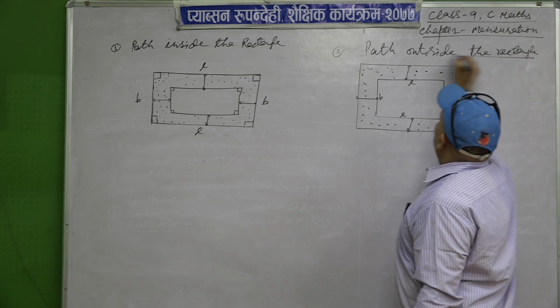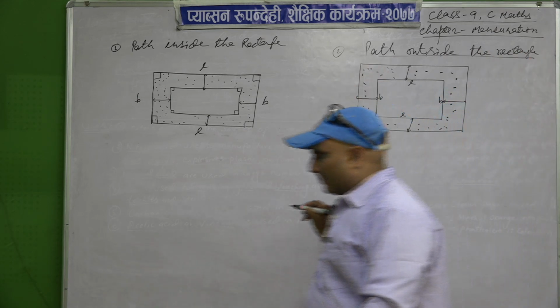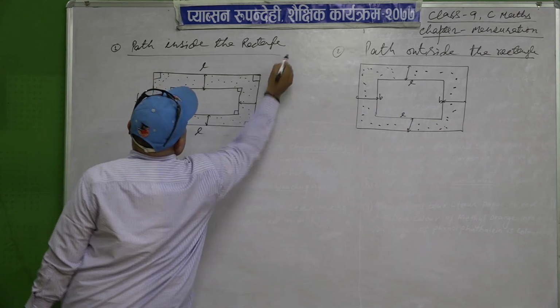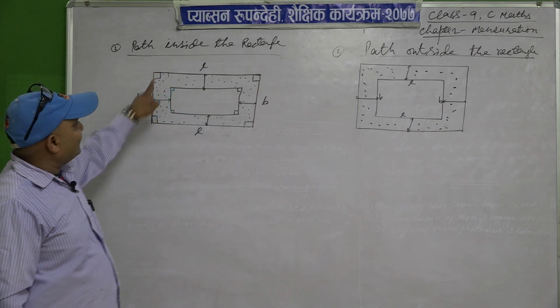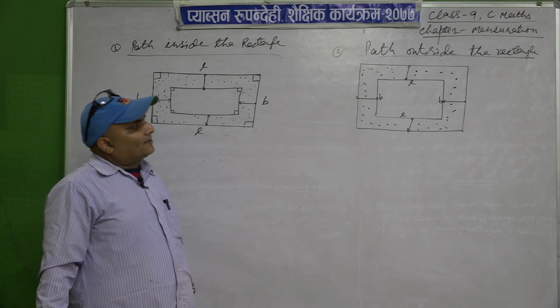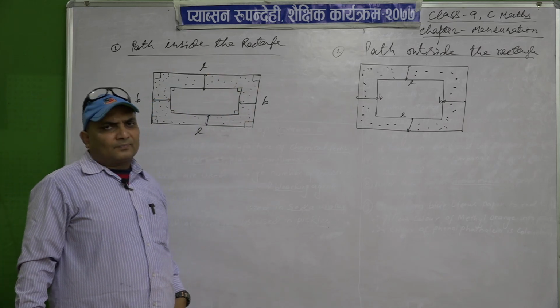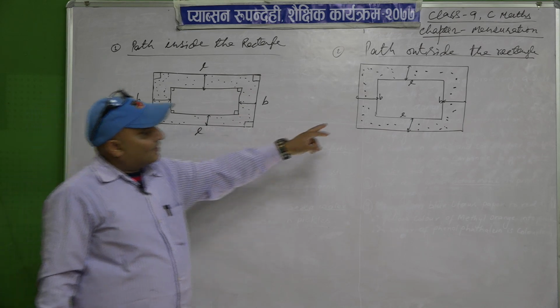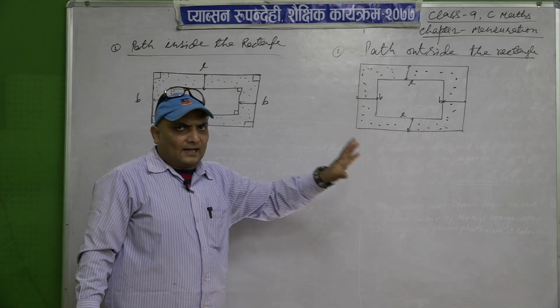So you should be very careful about the condition. When path inside the rectangle is given, the length and breadth of the bigger rectangle is given. Same way, when path outside the rectangle is given, then the length and breadth of the small rectangle are given.